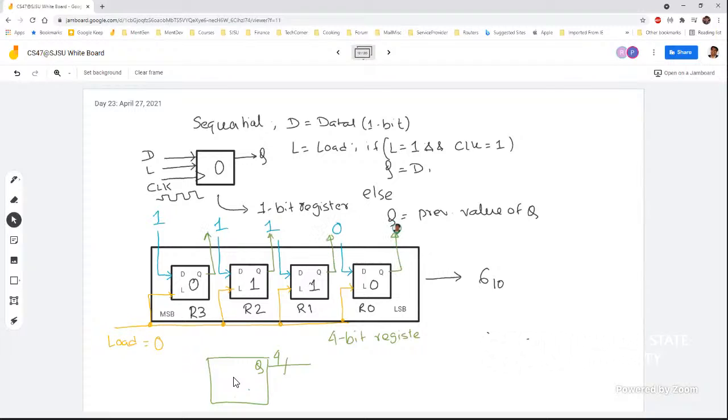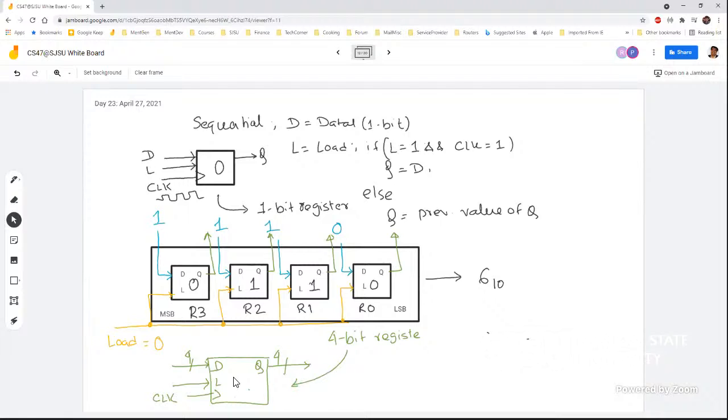It has incoming data, which is 4-bit, and 1 bit of load signal. And of course, there is a clock. I didn't show it in the picture, but this is your 4-bit register as a schematic symbolic diagram.